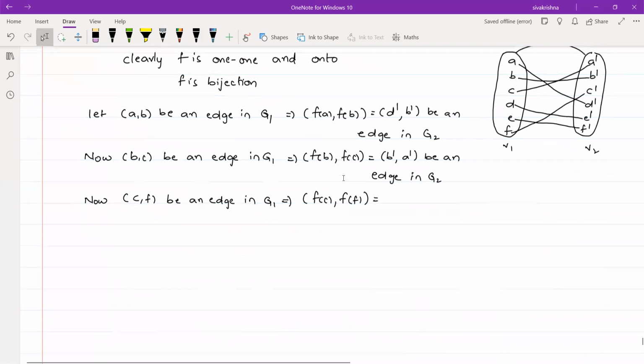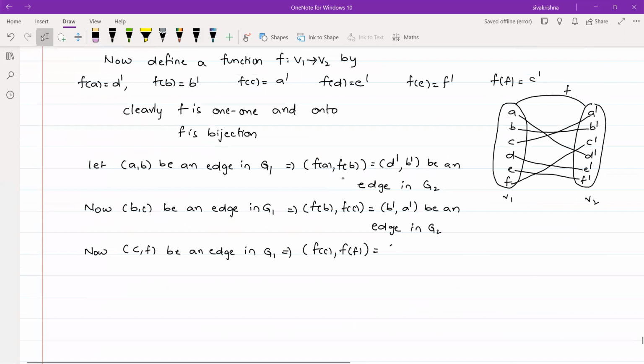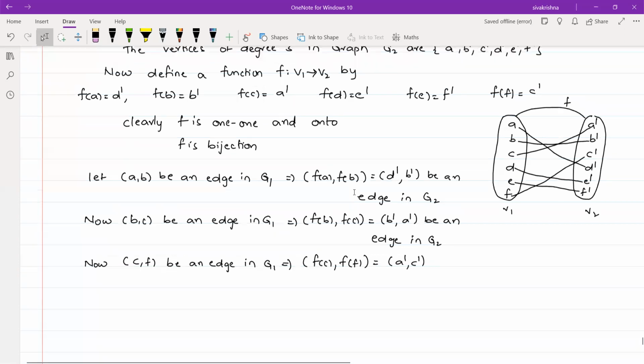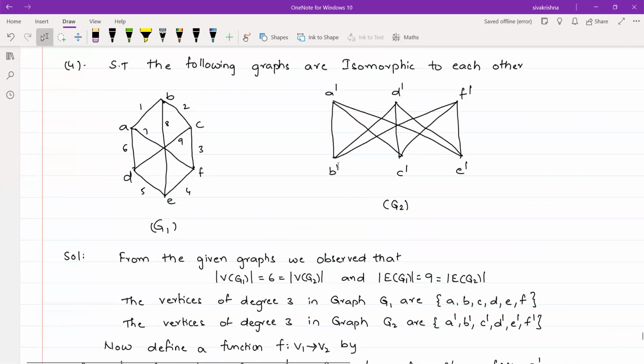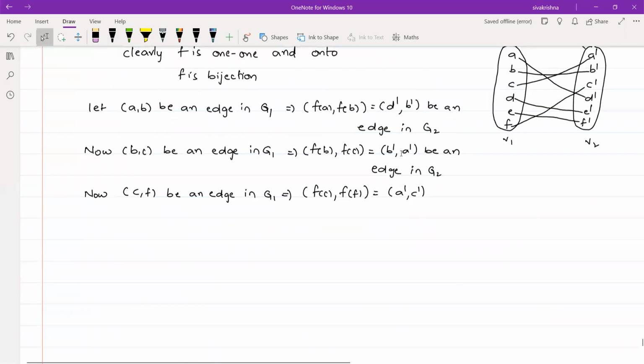F of C is A' and F of F is C'. Is there an edge between A' and C' in graph 2 or not? Yes, we have an edge between A' and C'. So (A', C') is an edge in graph 2.